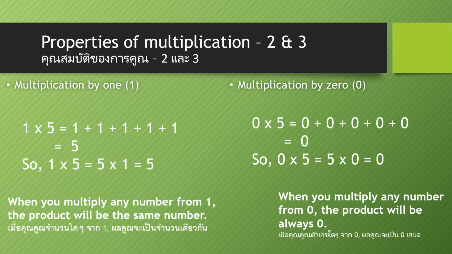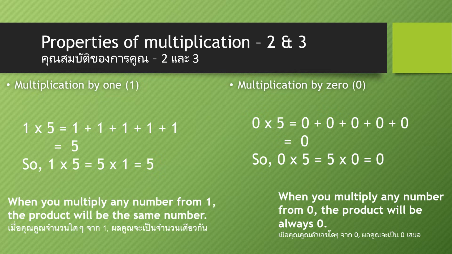Okay. The other one is multiply by 1. If you multiply 5 by 1, you have 1, 1, 1, 1, 1. What is the answer? 5.